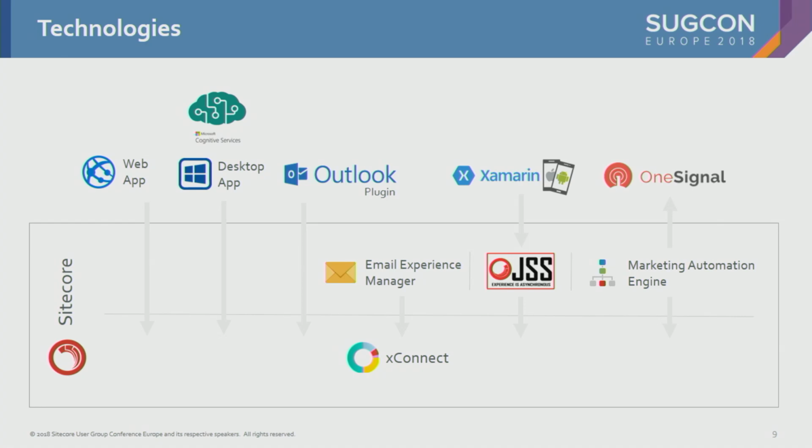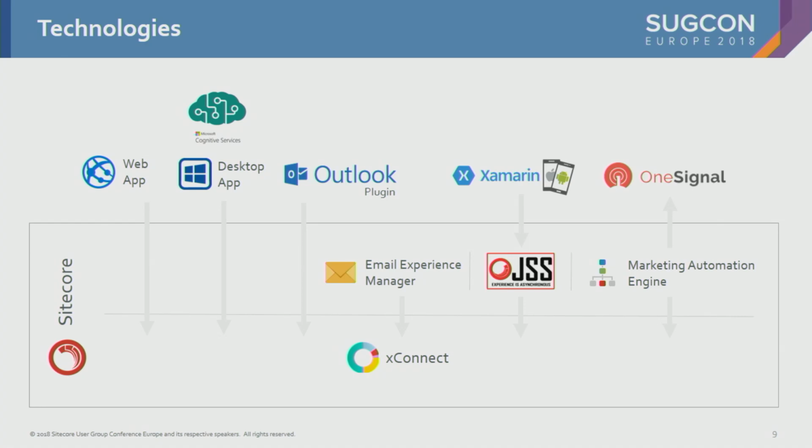And this is a very high-level slide that gives you an idea of what technologies are used here. So we started with a normal website built on Sitecore. Then we had a desktop application to capture the face and talk to the cognitive services. We have the Outlook plugin integrated with xConnect to record offline interactions. But again, you should consider it to be your CRM integration with xConnect.